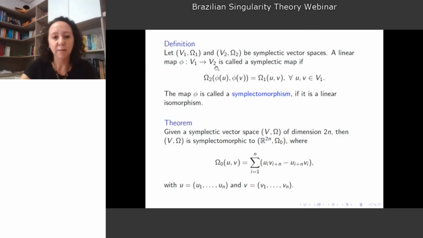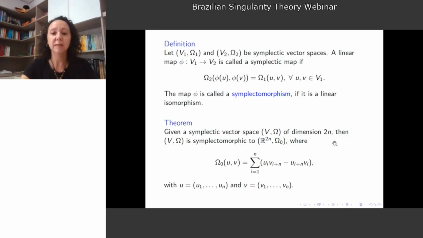So phi is symplectic if it satisfies this equality, and a map phi is a symplectomorphism if it is symplectic and is an isomorphism.